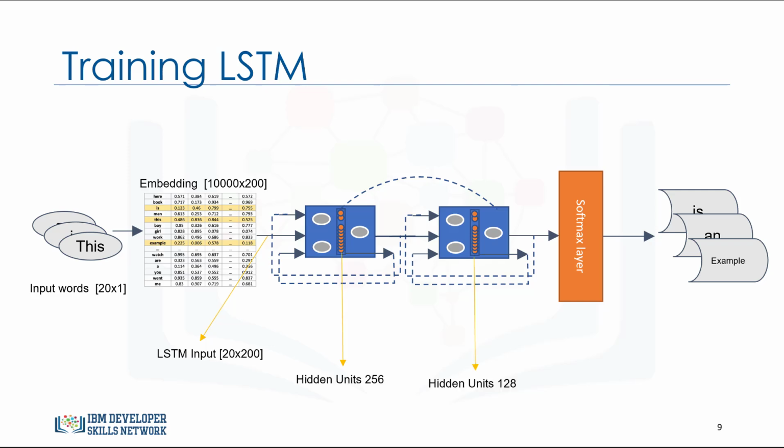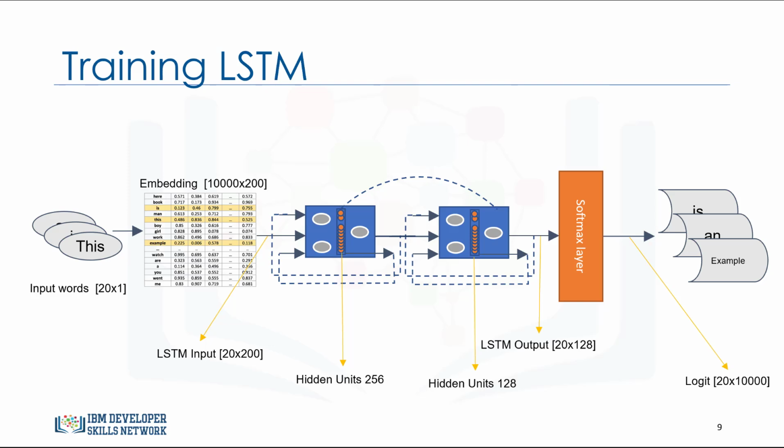In our network, we have two LSTM units with arbitrary hidden sizes of 256 and 128. So, the output of the second LSTM unit would be a matrix of size 20 by 128. Now, we need a softmax layer to calculate the probability of the output words. It squashes that 128-dimensional vector of real values to a 10,000-dimensional vector, which is our vocabulary size.